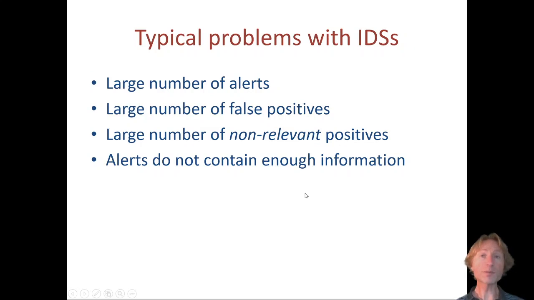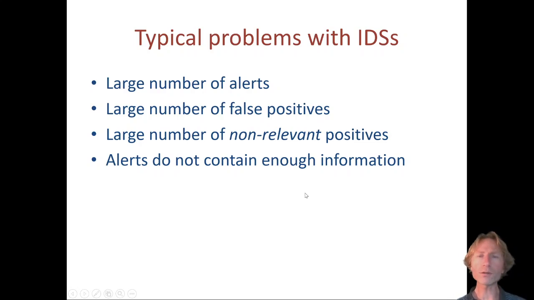Intrusion detection systems probably deserve a course on their own, and there are many problems with building these things in practice. There's the problem of false positives. We've already mentioned this. It's one of the most complicated problems. We have a large number of alerts, or we may have positives that are not false positives, but are not so interesting.